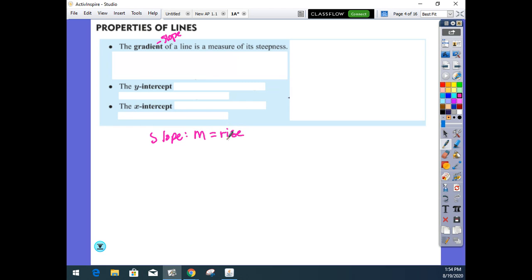We talk about it as rise over run. We talk about delta y, the change in y, over delta x, the change in x. And change is when I subtract to see what's the difference between my x's and my y's. And the most important, y is on top because y is what rises.